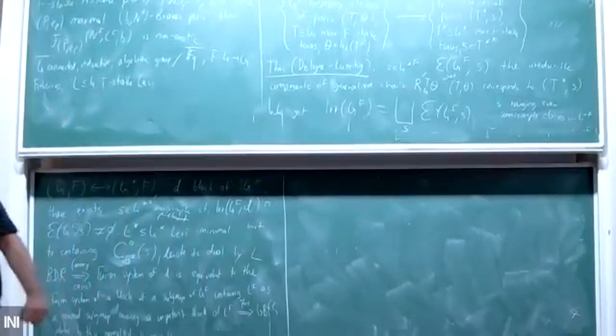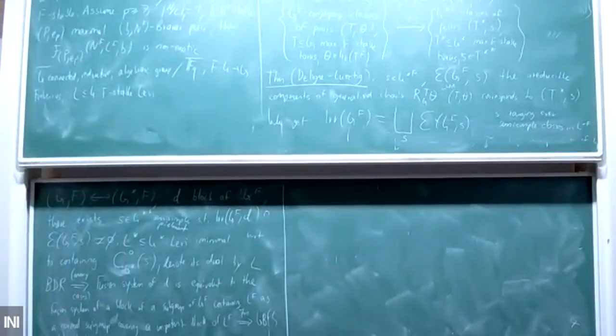Okay, so again, to summarize, Bonafé-Rouquier construct a group which lies between L^F and G^F and contains L^F as a normal subgroup, such that the block of this group has a fusion system equivalent to the fusion system we were originally interested in, and this block also covers the unipotent block of the fixed points of the Levi. And here I can use this theory to prove that the generalized block fusion system associated to this extension is non-exotic.